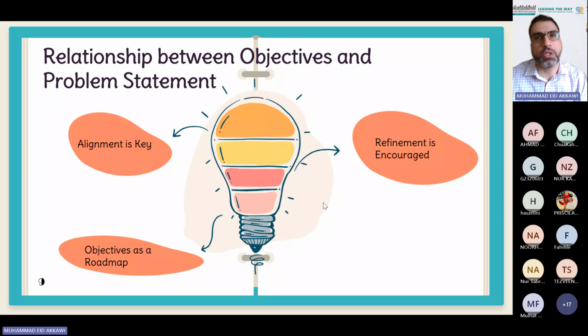Refinement is always encouraged. All the time you need to revise and refine based on the progress of your research. There is no harm, of course, in changing some of your objectives if you realize that this is not feasible, not doable, or it needs some modification.